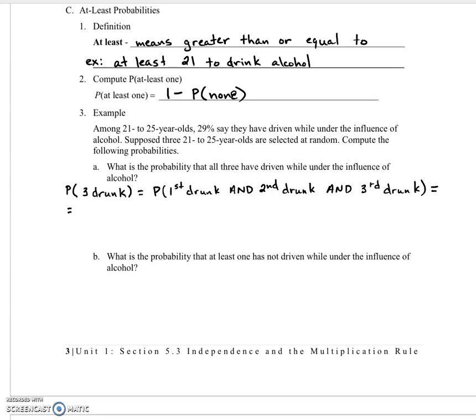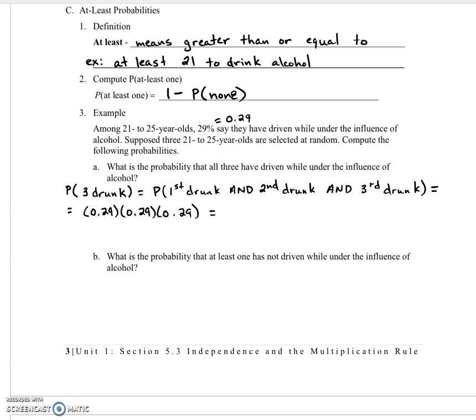So since 29% of them say they've driven while under the influence of alcohol, we have to change the percent into a decimal. So that's 0.29. So we have 0.29 times itself.